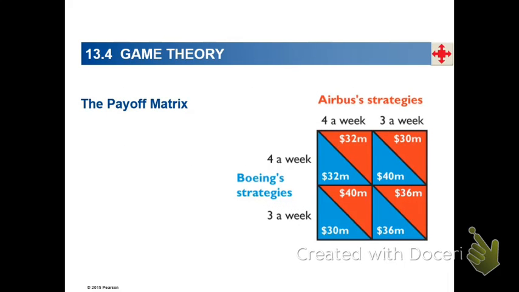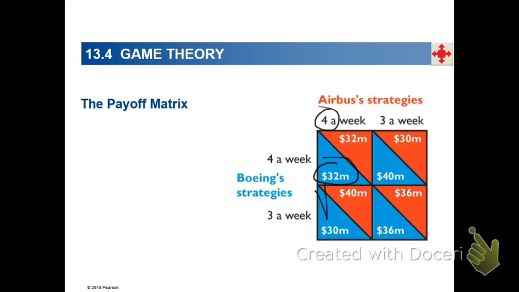So we can similarly take those numbers that we calculated before, put them into a matrix, and then you can see that it is easier to understand the outcome of this game by looking at this matrix. For example, notice that when Airbus is producing 4 units per week, it is best for Boeing to produce 4 units per week as well, because that's how Boeing can maximize their profit, because 32 is greater than 30.